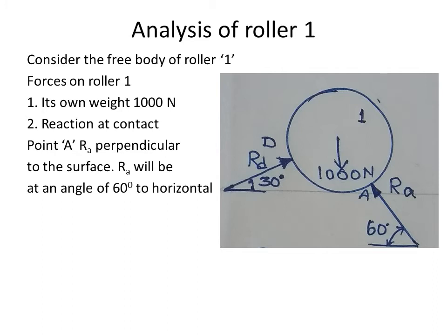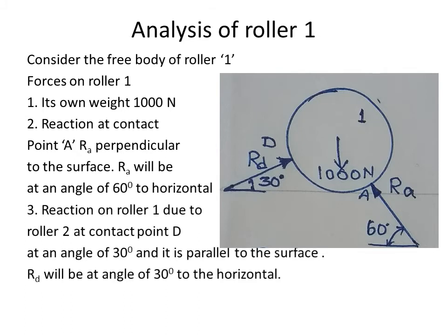RA will be at an angle of 60 degrees to the horizontal. Third, the reaction on roller 1 due to roller 2 at contact point D, at an angle of 30 degrees. It is parallel to the surface. RD will be at an angle of 30 degrees to the horizontal.